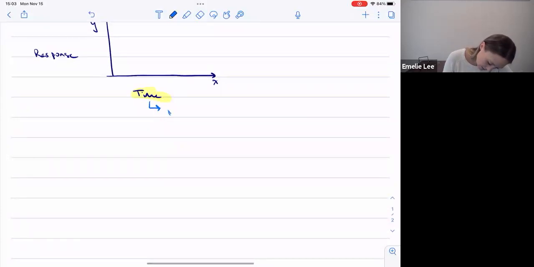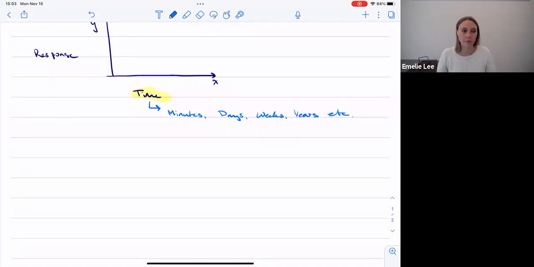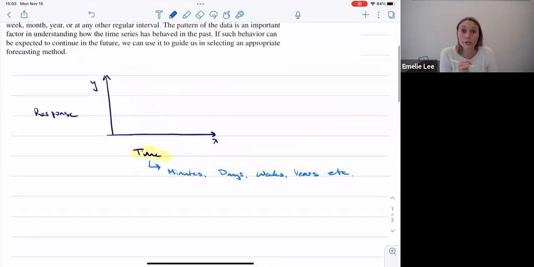Things like minutes, days, weeks, years, etc. Hours, whatever. Quarters, right? All of those things would be time series.